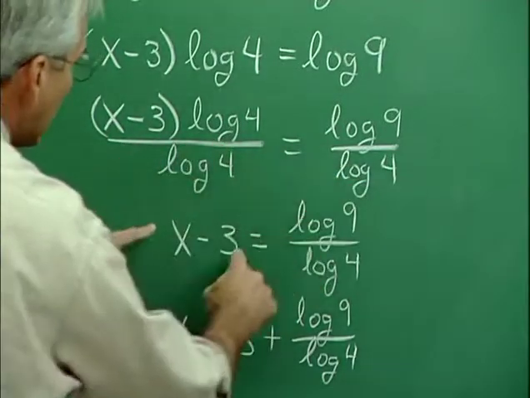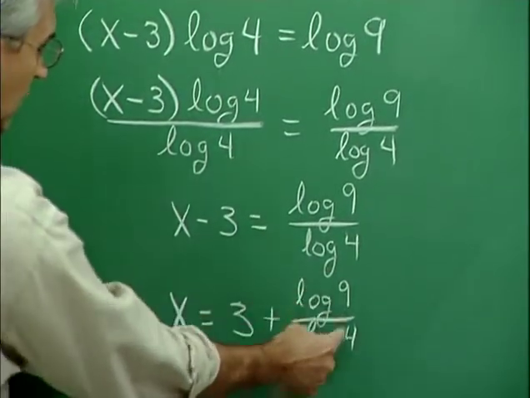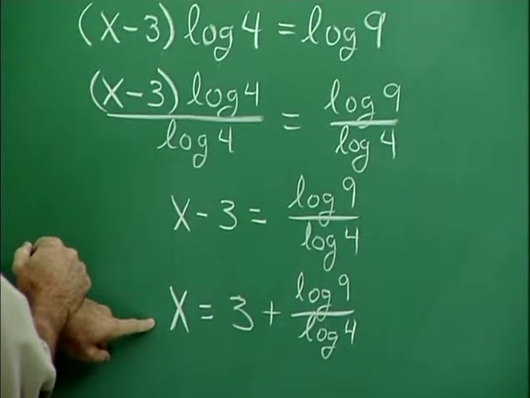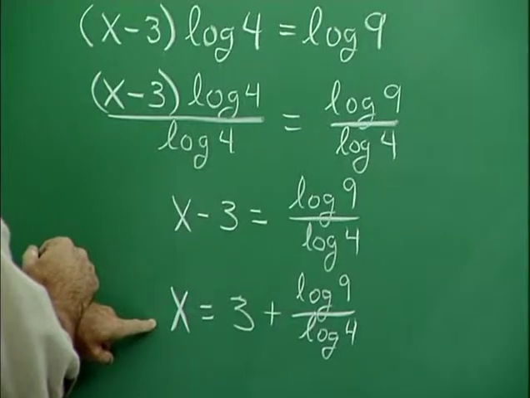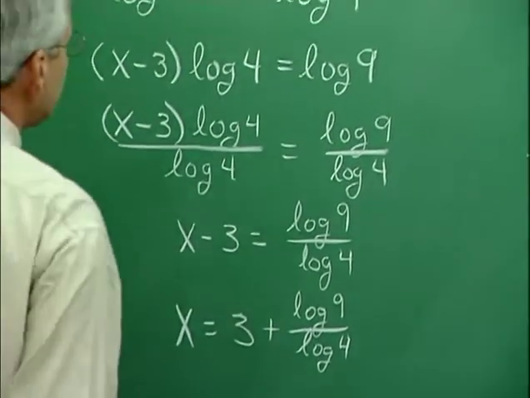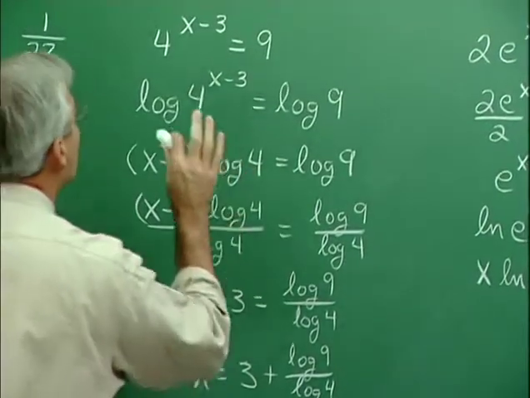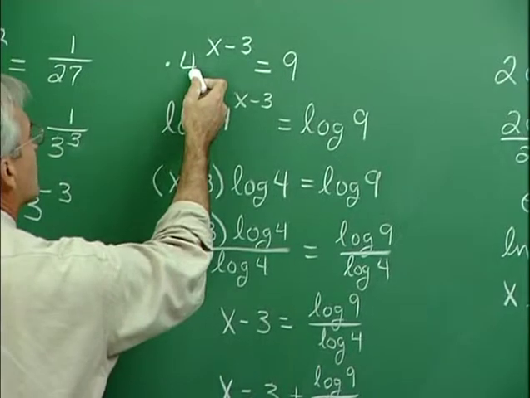All right, from here, we would just add 3 on both sides to have x equals 3 plus log 9 over log 4. It's just a button push from there, and we would find x to be approximately 4.585.